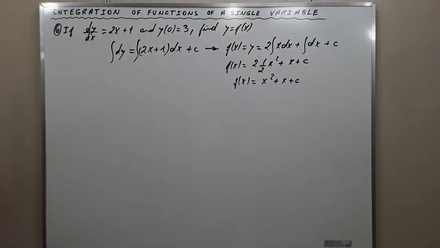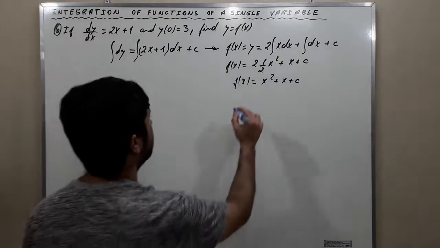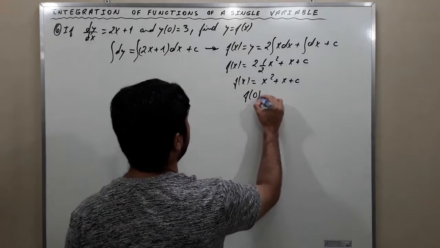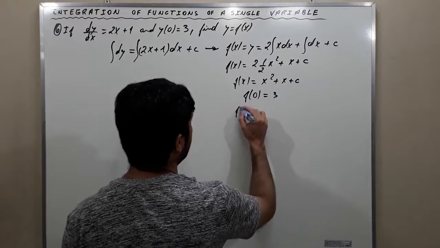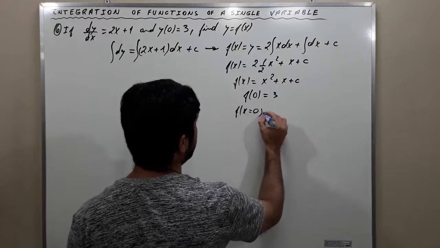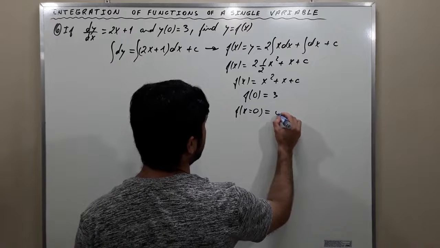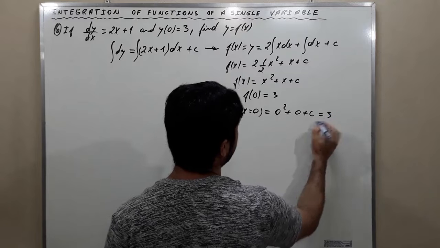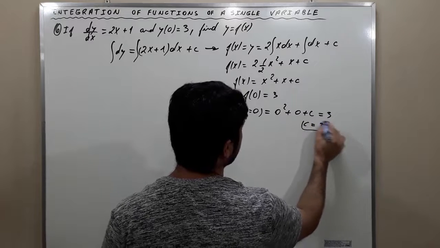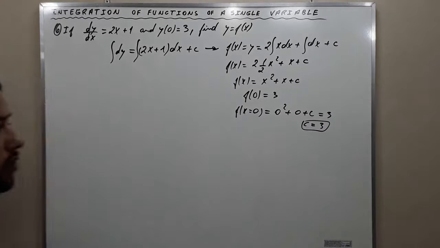Okay? This is the expression, and we're going to use that f of 0 is equal to 3. Okay? f of 0 is equal to 0 squared plus 0 plus c equal to 3. Where we find that the constant of integration is equal to 3.